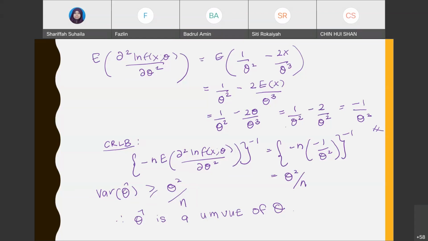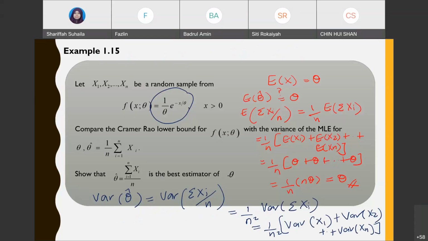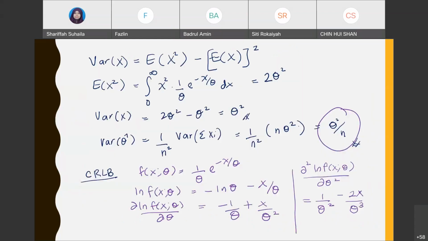So this one is exponential distribution. Again, first step, finding your expected value of theta hat equals theta. Second step, verify what is your variance of theta hat. Kalau tak sure, integrate lah ya. So variance of theta hat is theta square over n. The next one, use the formula for Cramer-Rao lower bound.